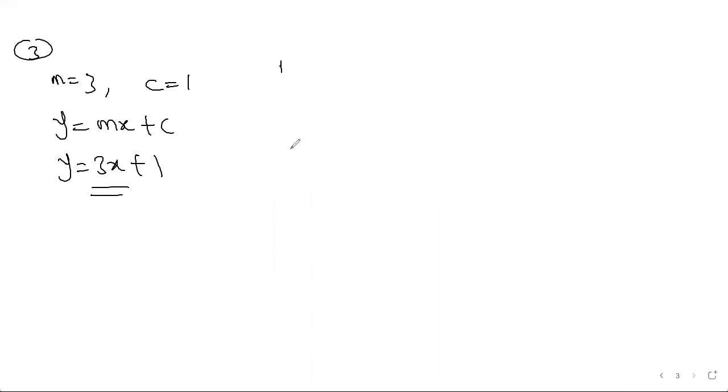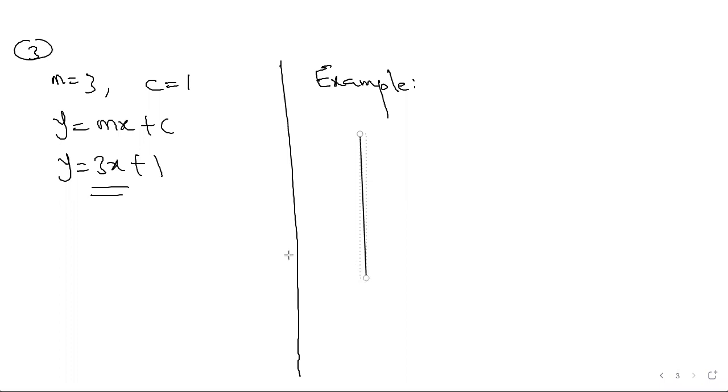So let's look at another example. Here you have a graph. Let's say you have a graph and you have to determine the equation of the line. Say I have this point.